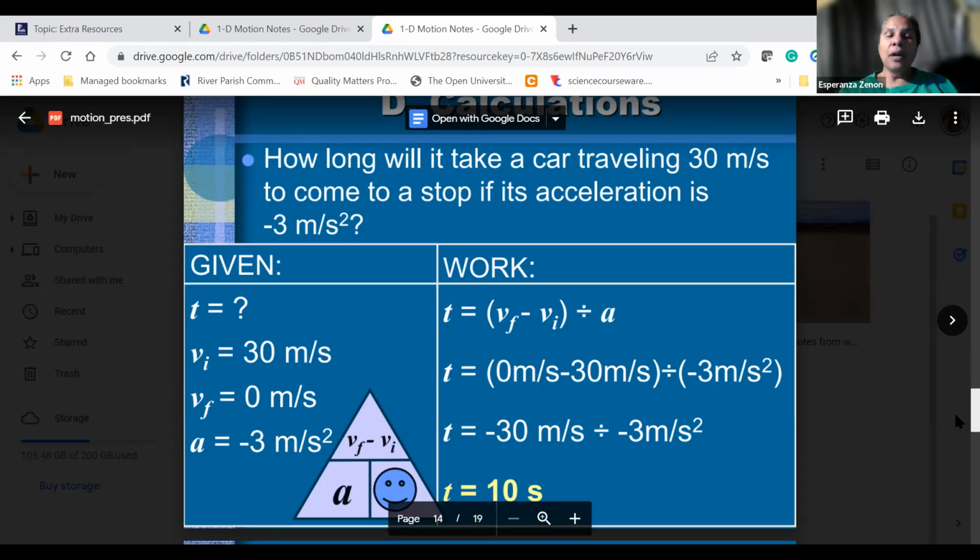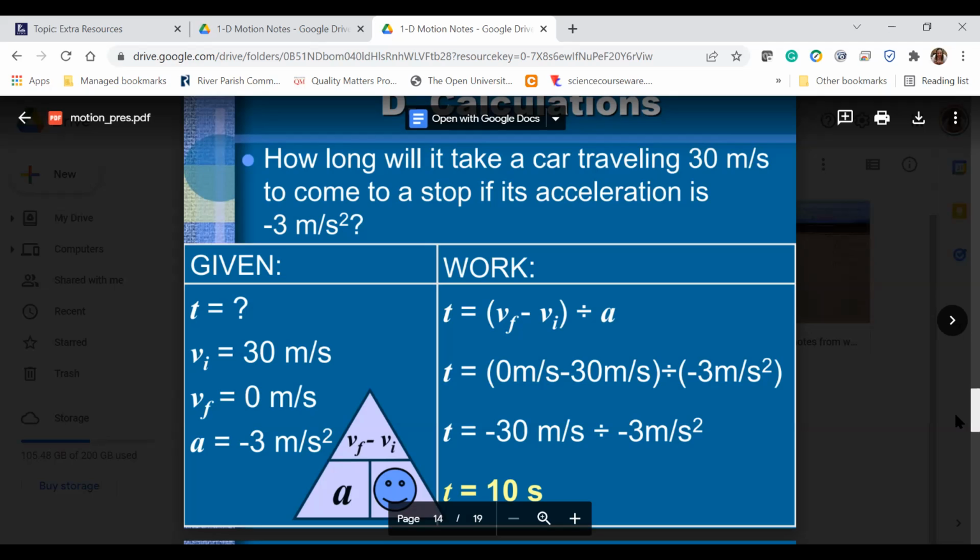It means I've got to do what? VF minus VI all together. That's why there's parentheses, divided by A. So fill in: VF is 0 meters per second. How do I know it's supposed to be 0? What's the dead giveaway that my final has to be 0?